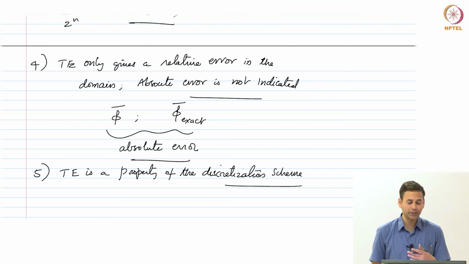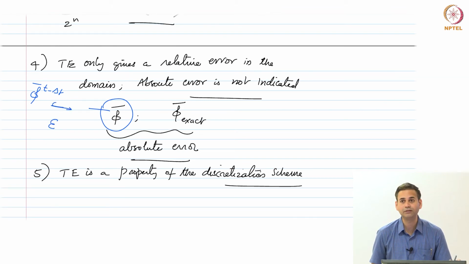But if you use a second order accurate scheme and you converge to some solution, let us say phi bar, you have converged to this phi bar by comparing it with phi at the previous time step, t minus delta t bar, and you found that the difference between these two is less than some epsilon that you have set.